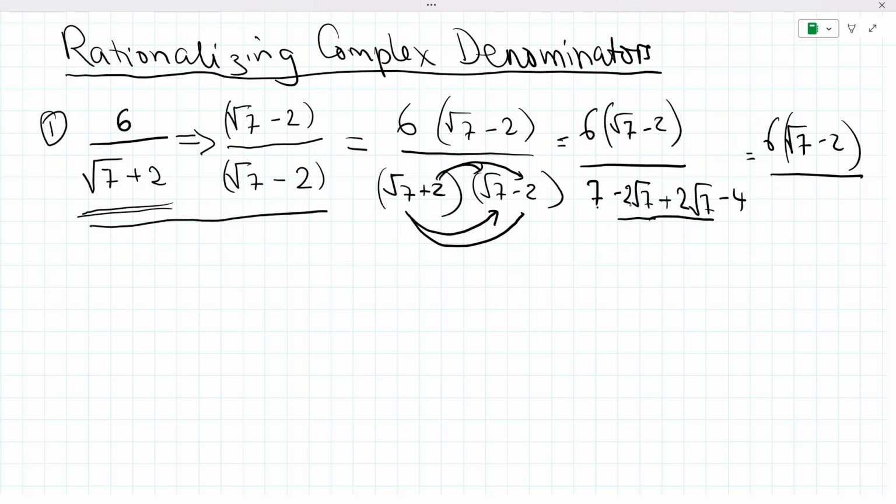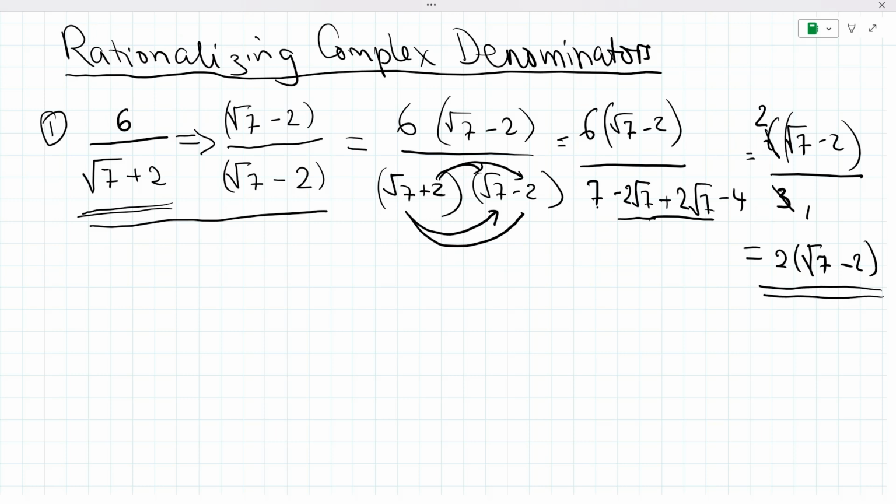And then 7 minus 4 will leave us with 3. And then, of course, 3 is once, and 3 here will be 2 times. So the final answer here we get will be 2, open brackets, root 7 minus 2, close bracket.